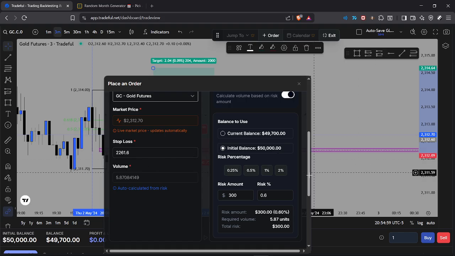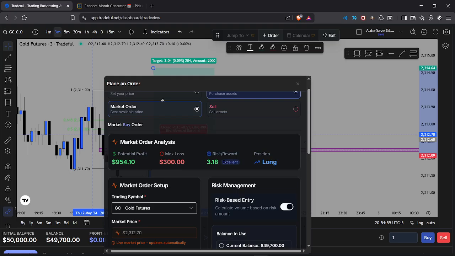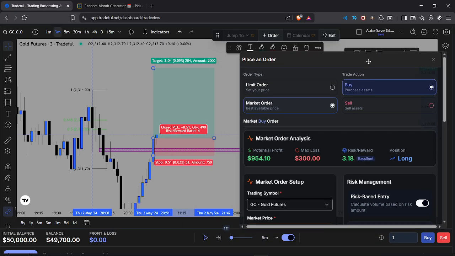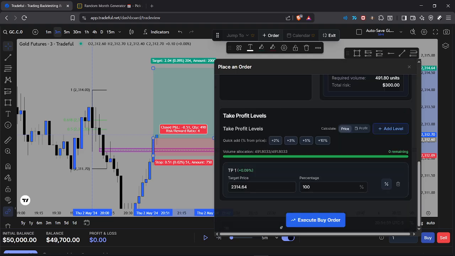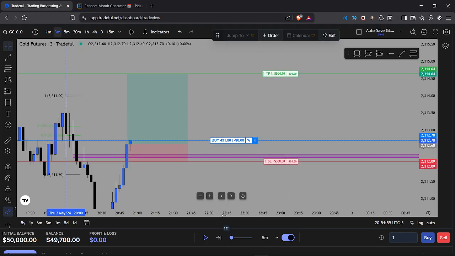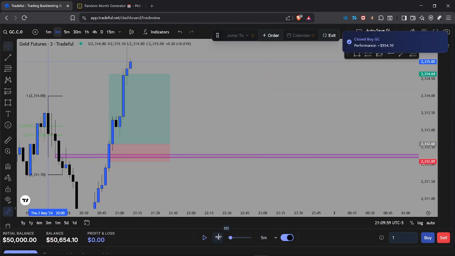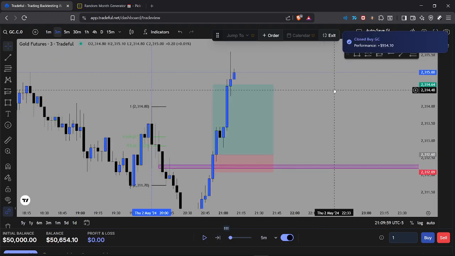Okay, so why is this stop loss so big? Okay, that's why. 2312.09. Is that right? Okay, we're getting closer. Oh, okay, yeah, that makes sense. Right, so then, yeah.